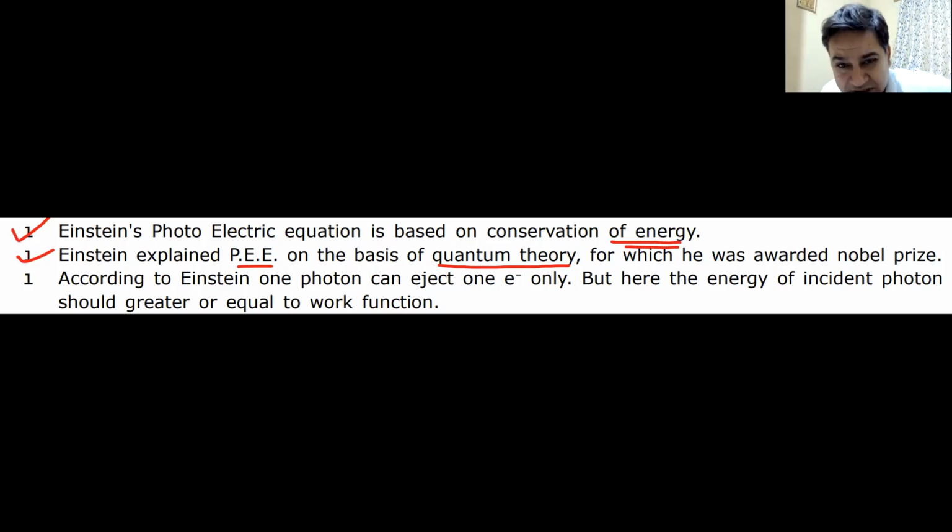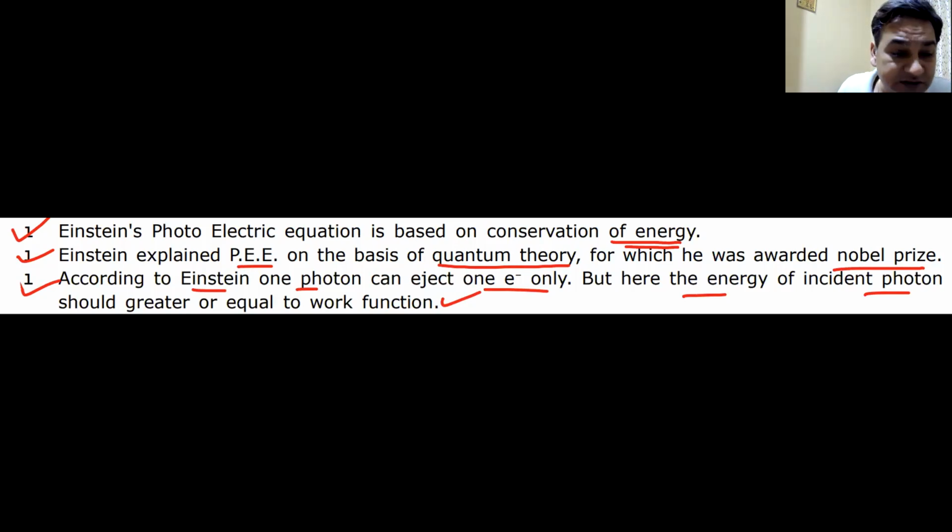Quantum theory, given by Planck, who was awarded a Nobel Prize. According to Einstein, one photon can eject only one electron. The energy of the photon must be greater than or equal to the work function, its frequency must be more than the threshold frequency, and its wavelength must be less than the threshold wavelength.